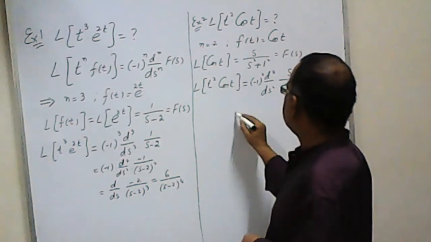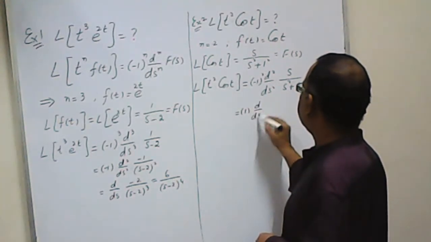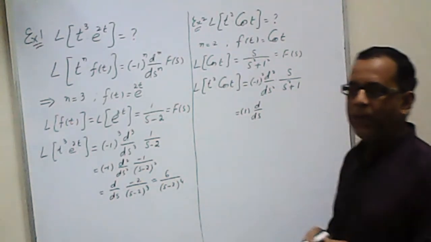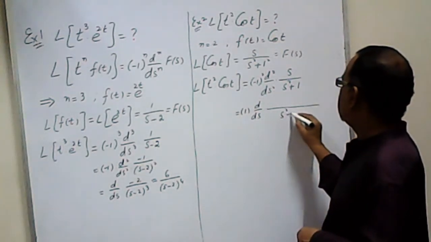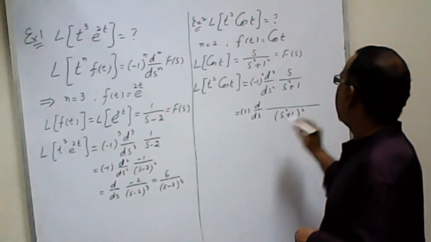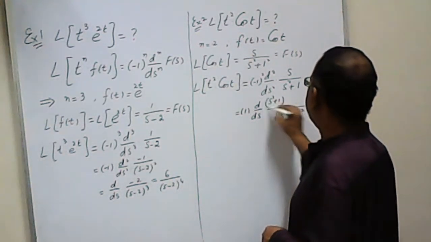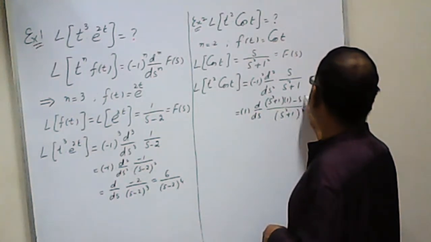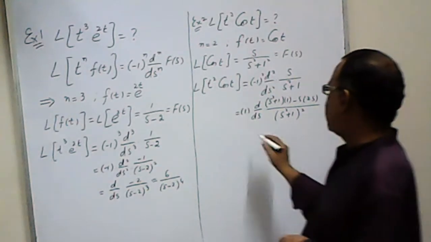Now minus 1 square is 1. If I take the first derivative, I need to apply the u upon v formula. So this will be equal to s square plus 1 whole square in the denominator, then s square plus 1 into 1 minus s into 2s. This is the first derivative.